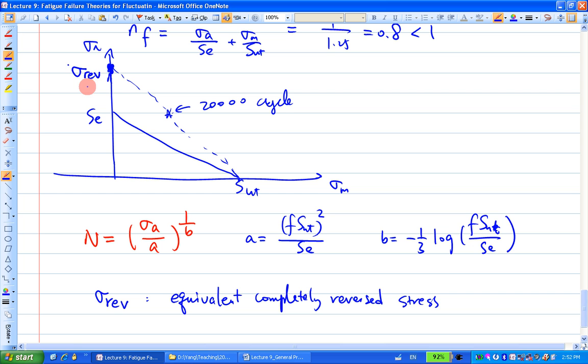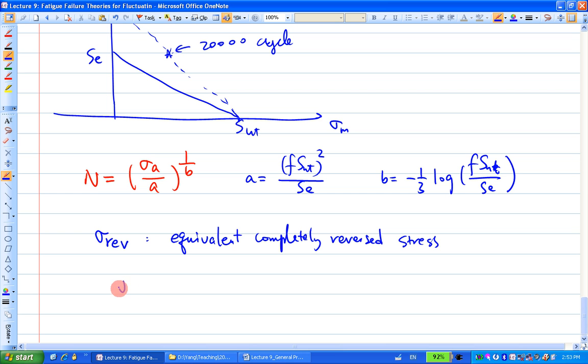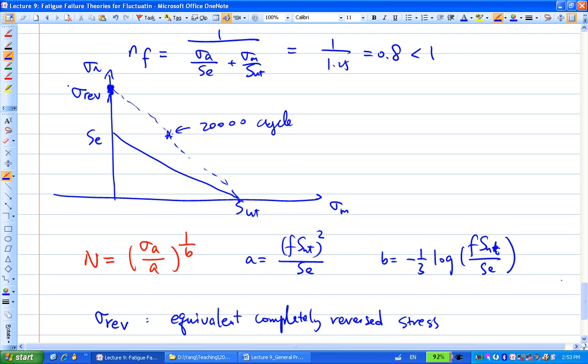So the question is, what would be the sigma REV based on this assumption? It's a straight line going through these 2 points, right? So let's come back to this line here. What is the modified Goodman line here?